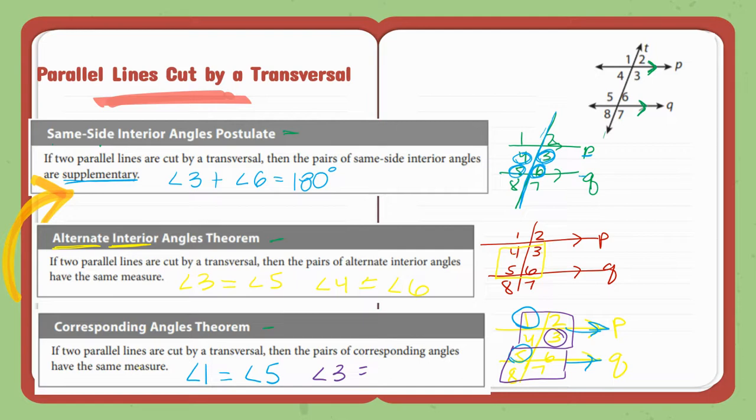Well, the bottom right-hand corner is going to be angle 7. And I could continue to go here. Angle 2 would be a corresponding angle to angle 6. Angle 4 would be a corresponding angle to angle 8. Okay, so corresponding angles means that they're in the exact same location.